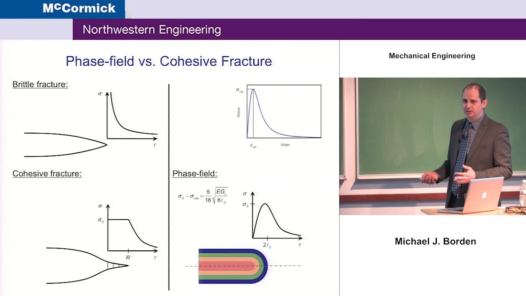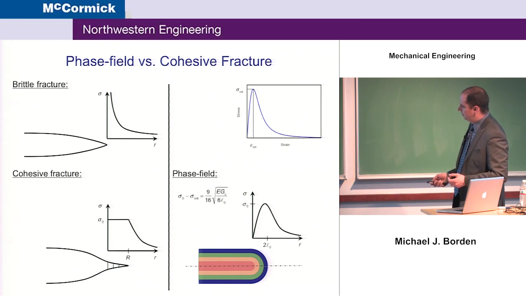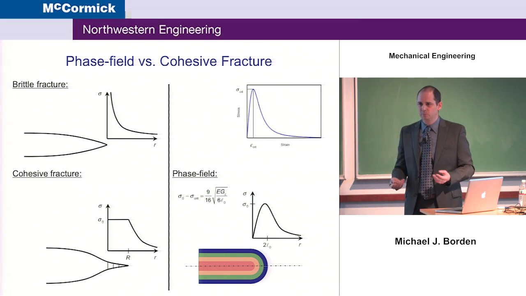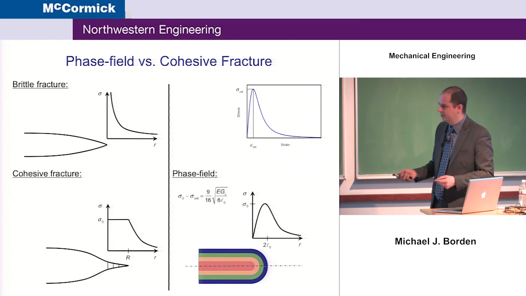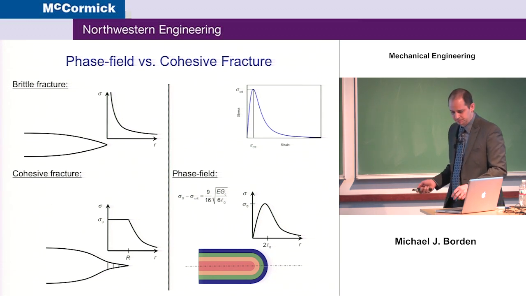If you look at the phase field theory, it's similar, right? If we look at the crack and look at the stress in front of the crack, we have an increase in our stress that reaches some peak stress, not necessarily equal to this critical stress, but related to it, and then it drops off. But again, you see that there's this process zone.